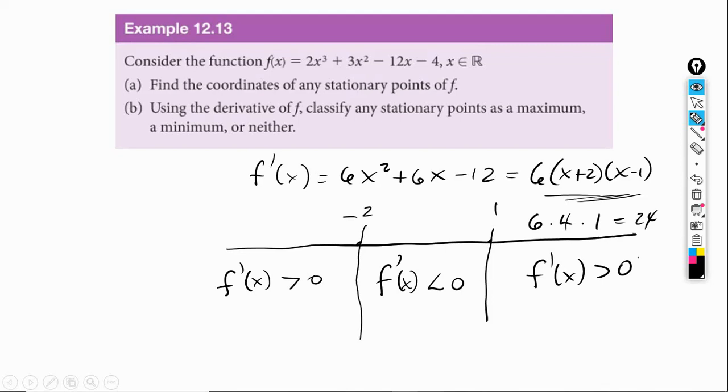So from negative infinity to negative 2 for x, the graph is increasing. It reaches a maximum, then it decreases to the point 1, where it reaches a minimum, and then it increases again.